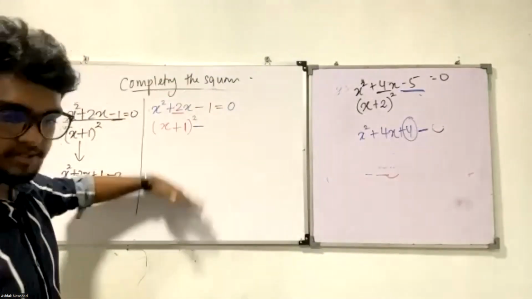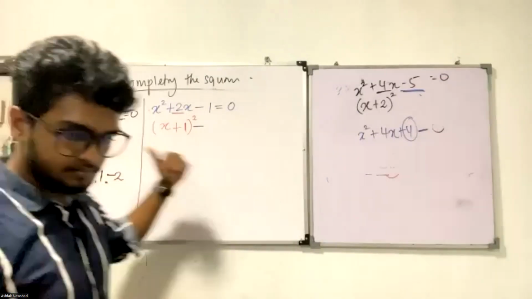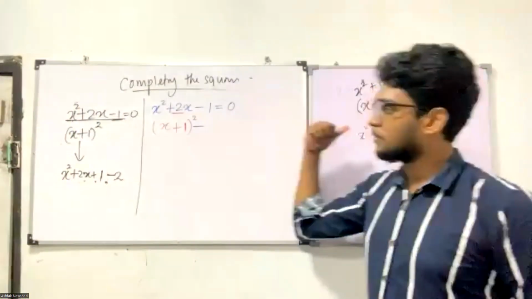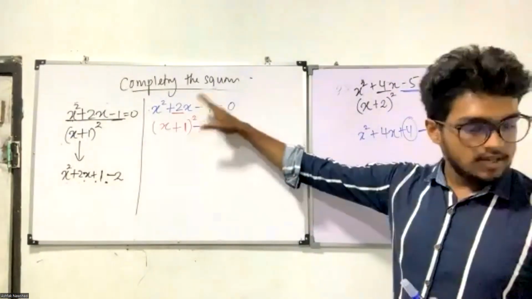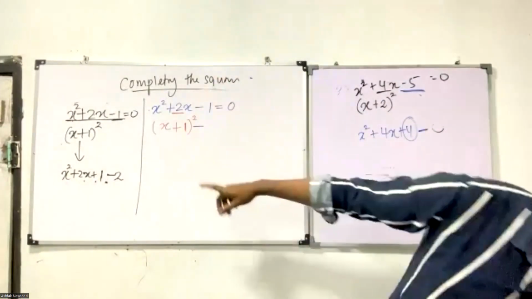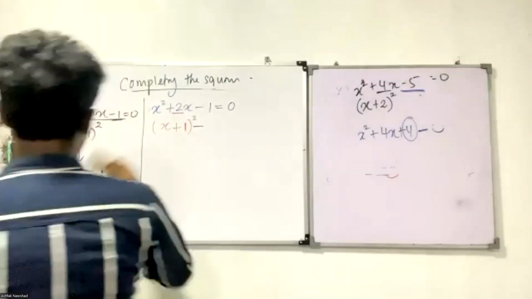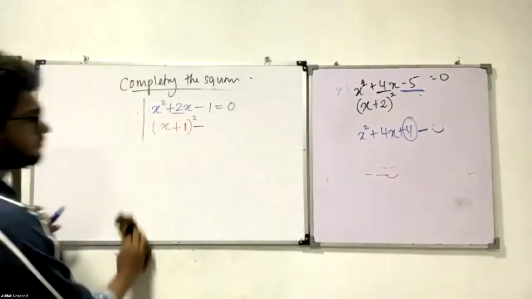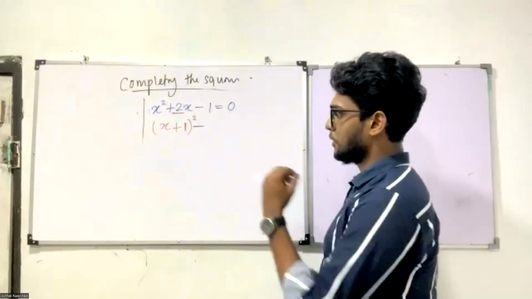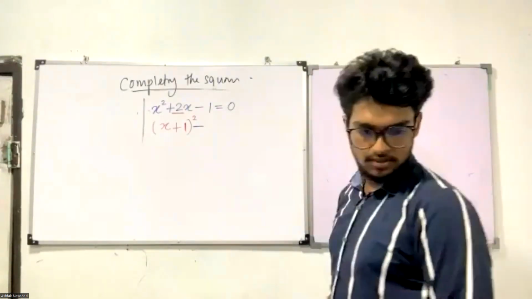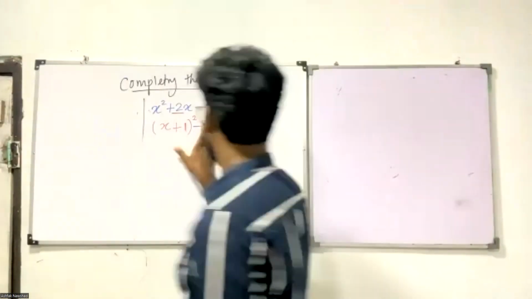So we must keep it on this side. If you didn't get this, I'm repeating, no worries. You will just have to follow these steps. Let's follow. While you are free in your leisure time, you just think about why it would be minus. You think. I'll repeat it.